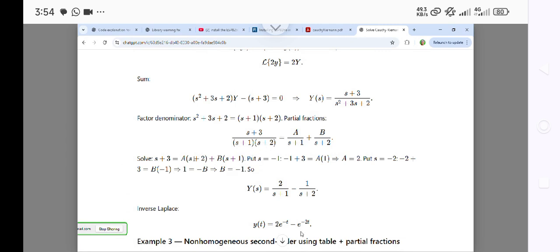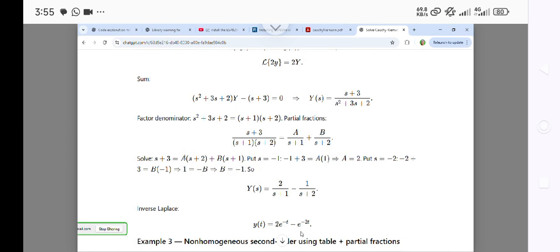To get all these values now, we need to put s as -1 first, so I will eliminate B. If you put -1 here, you have -1 + 1, that's 0. So you have 1 times A. And remember, there was something on this side.